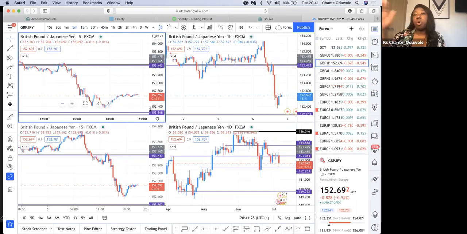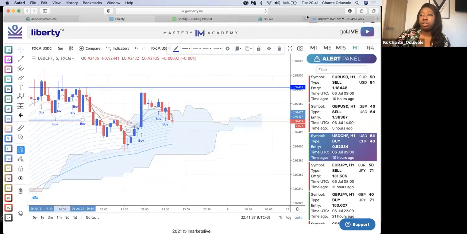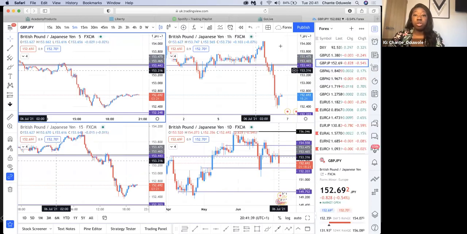And based on what I've marked up, I look at what price is going to do. So when you're wondering how I know what price is going to do, or how I'm calling shorter trades, well, what I'm doing is looking at price action. I'm looking at certain zones and where price may reject from. That's all I'm doing. So now that I know price came all the way here, I'd either wait for price.